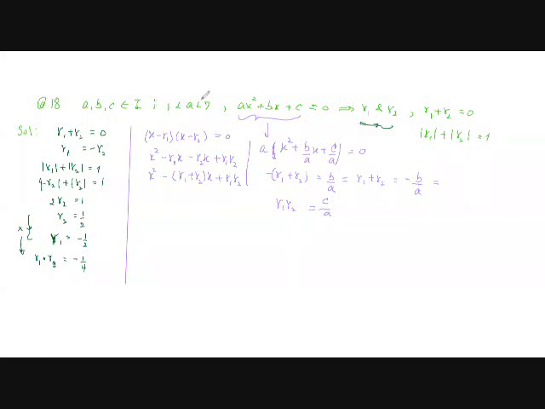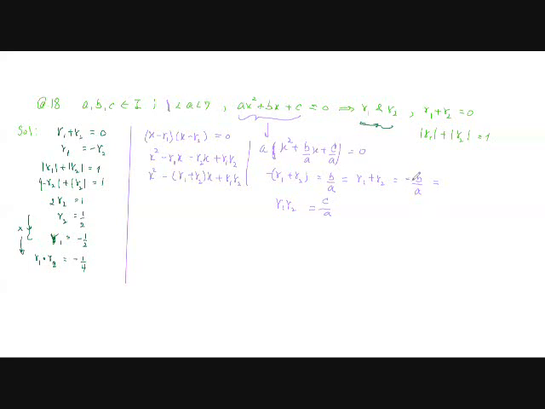Come back to the question. The question says A is between 1 and 7, right? That means A can be 2, 3, 4, 5, or 6, and has to be positive, right?